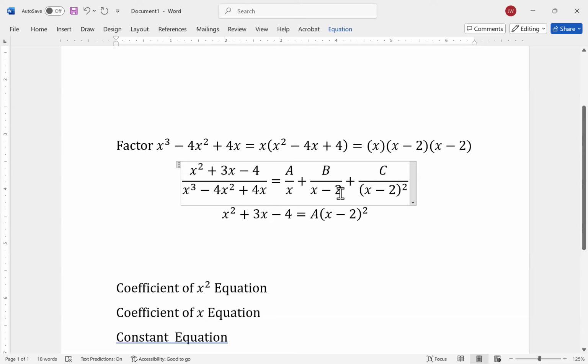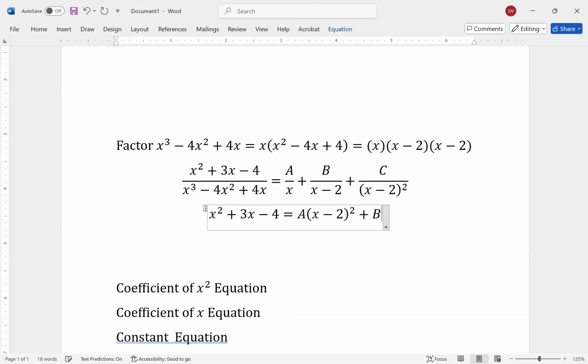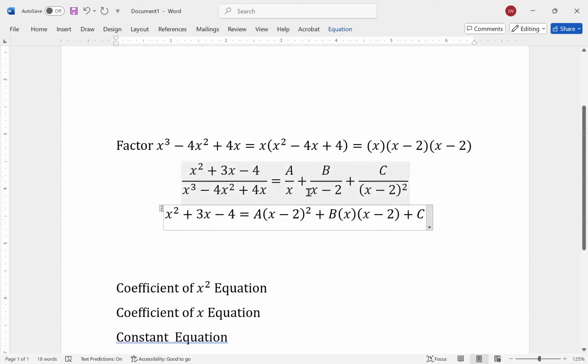For the second fraction, the B on top and bottom would have to multiply by one copy of x and one copy of x minus 2, because we already have one copy of x minus 2.